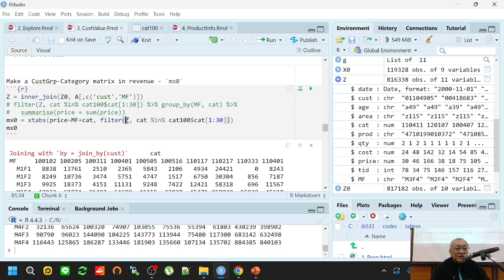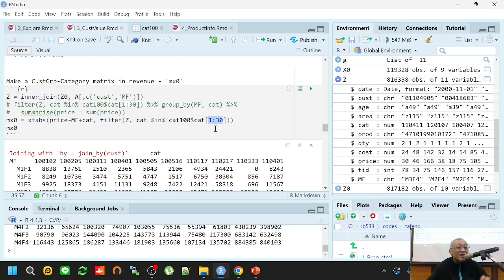Instead of giving the entire Z, I only filter out the categories that exist in this 1 to 30, right? So I only include the top 30 categories, because otherwise the matrix will be too long.